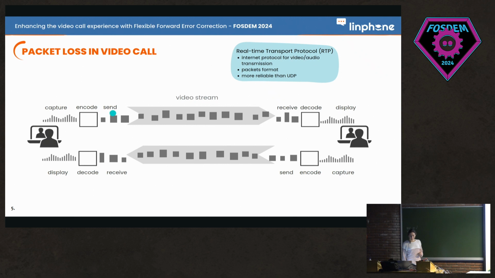And those frames are split into packets that will be sent to the receiver through a video stream on the network. On the receiver side, the packets are collected and decoded, and the frames are recovered back, and the signal is displayed, and the receiver can see the video.